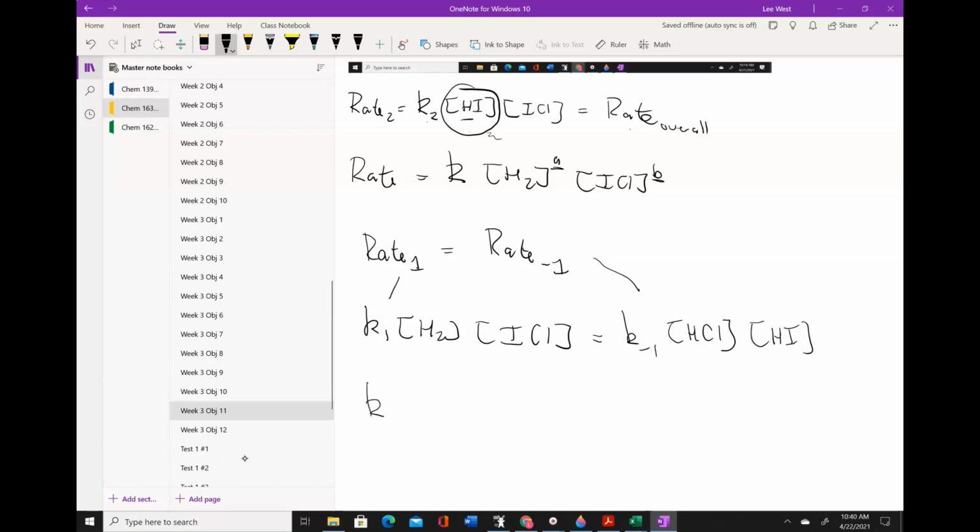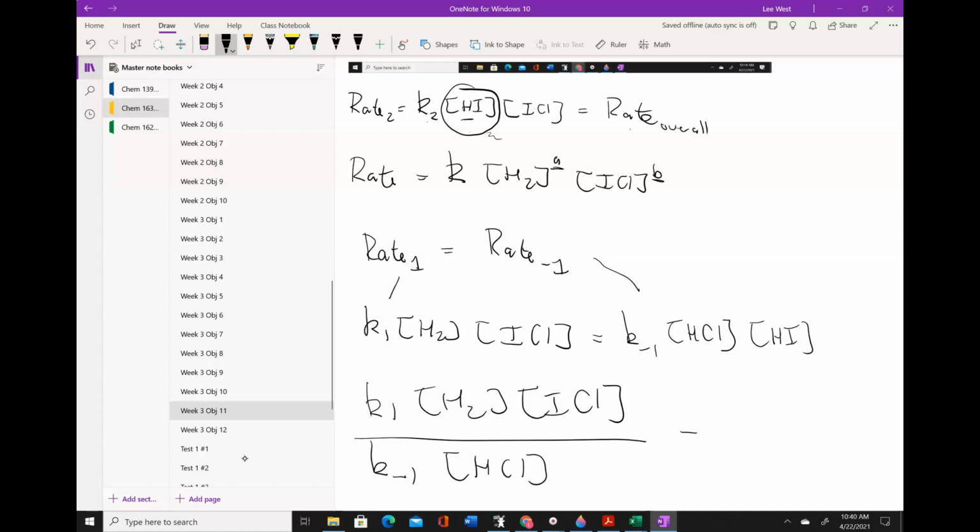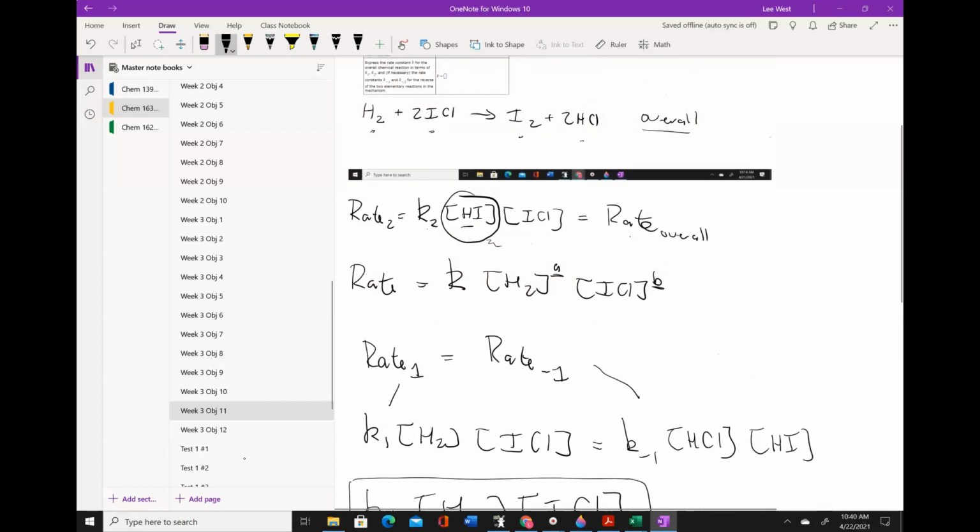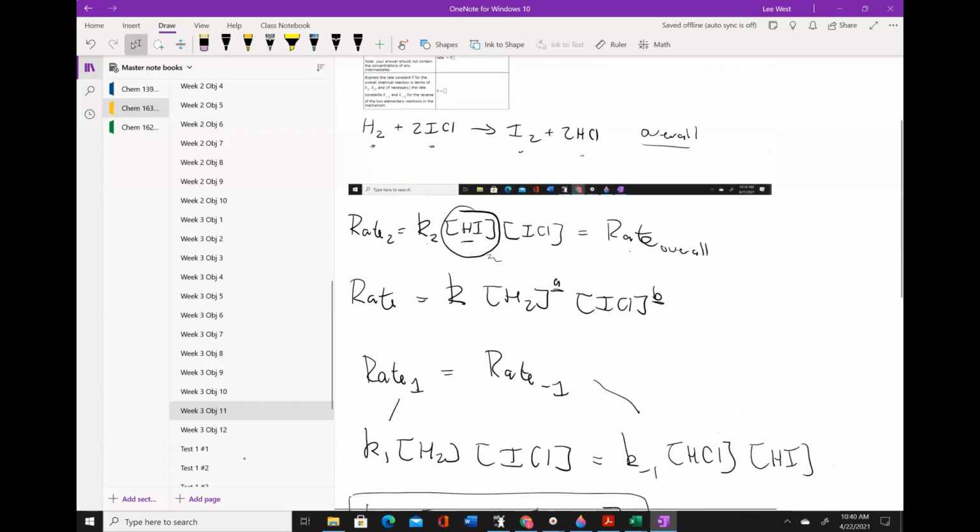So now that's going to be k1 [H2][ICl] divided by k-1 [HCl] equals the concentration of HI. Now the nice thing is everything in this term here, all of the chemical species there, are present in our overall reaction.